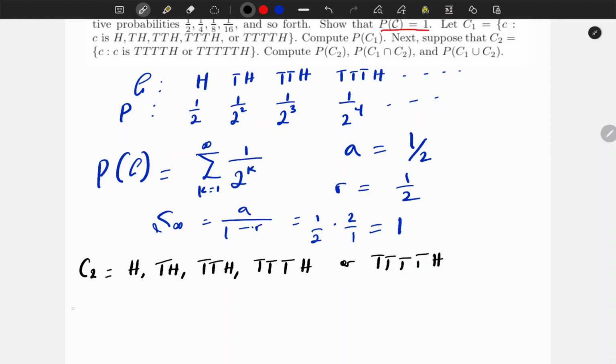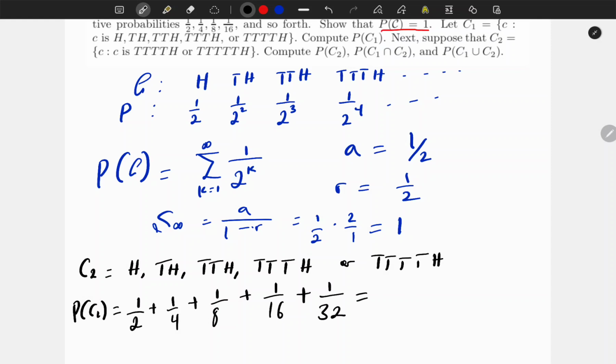So for the first one, the probability of C2 is 1 over 2, then 1 over 4, and then TTH is 1 over 8, then 1 over 16, then 1 over 32, which you can actually compute on your own.